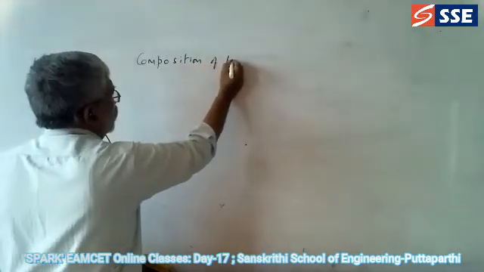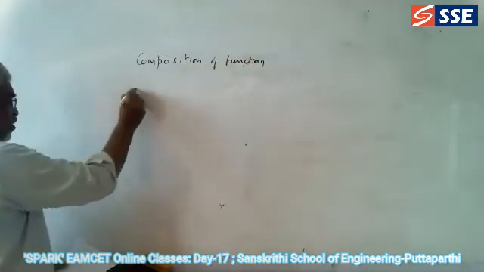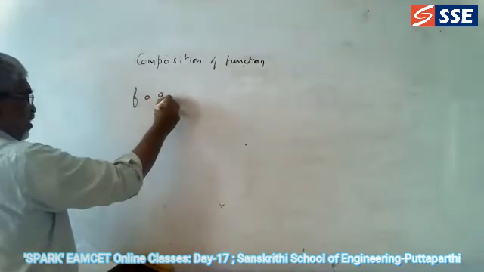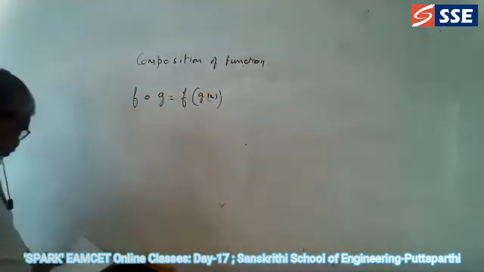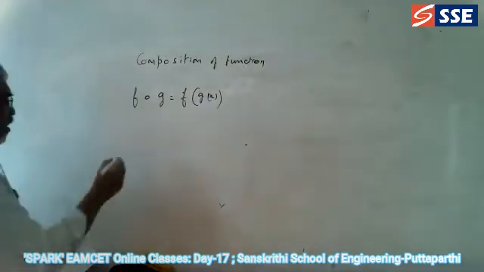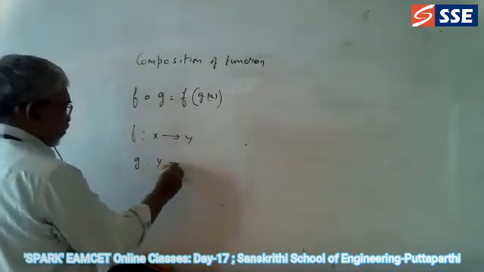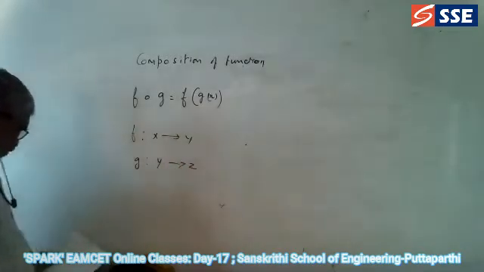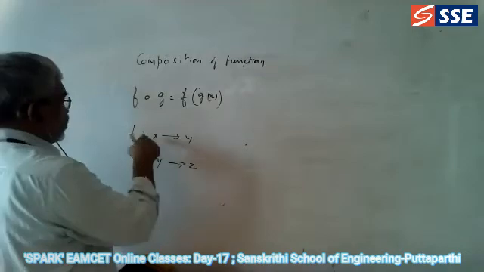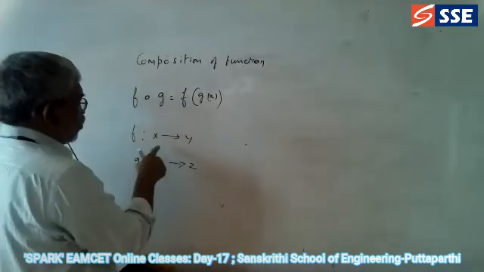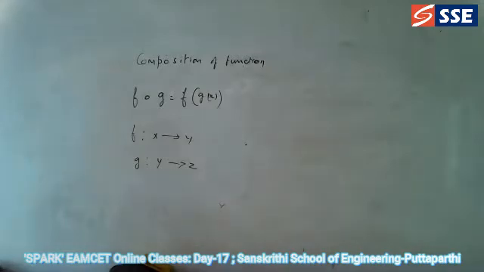Composition of function means f composite g is equal to f of g of x, where f is a function from x to y and g is a function from y to z. So the composition goes from x to y to z.